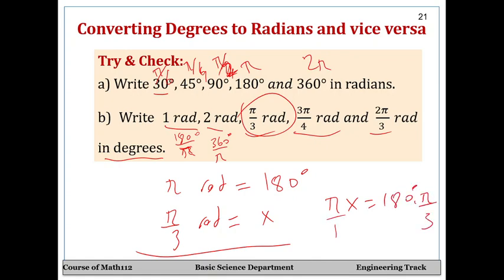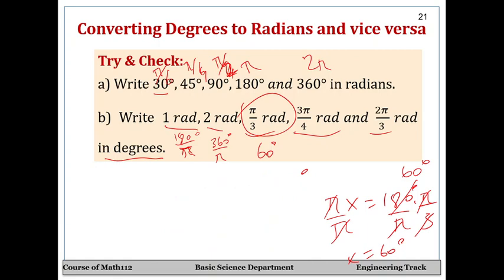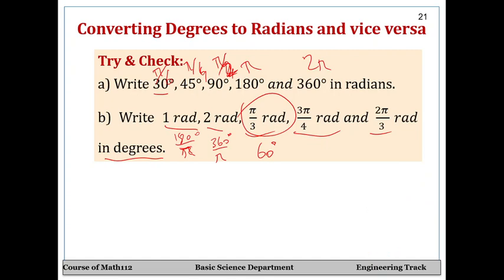And you can divide both sides by pi. Pi cancels out, and x equal to 60 degrees. And you can do the rest the same way. You can calculate. You will see it's 135 degrees, and here this one is 120 degrees.